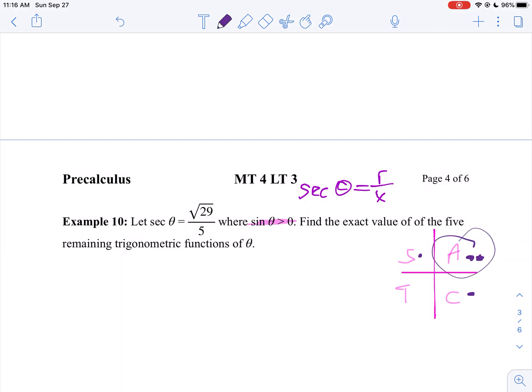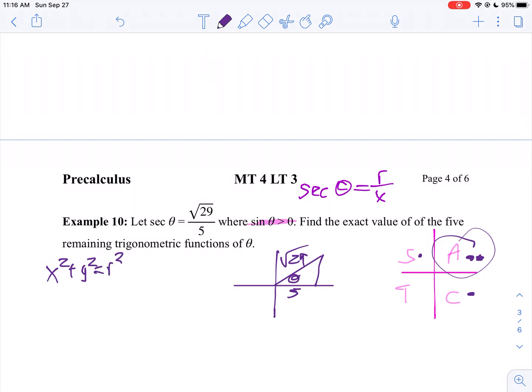So in other words, when I draw my reference angle here, I know secant theta, here's my theta, is r over x. So it's the square root of 29 over 5. I need to find y so I can do all my functions. So we know x squared plus y squared equals r squared.